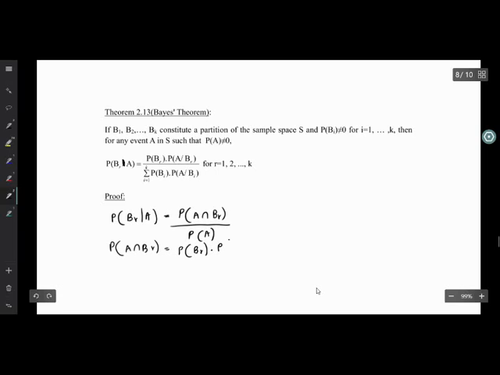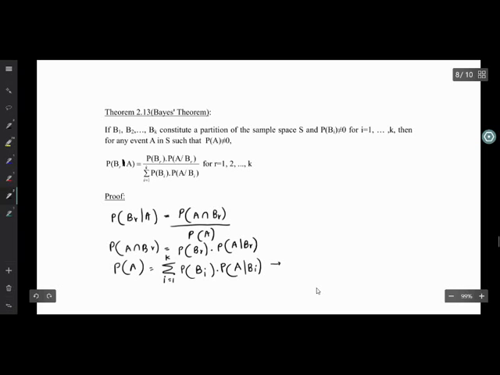Now this is the alternative way of writing A intersection Br. We know that P(A) equals the sum, i goes from 1 to k, of P(Bi) times P(A given Bi).